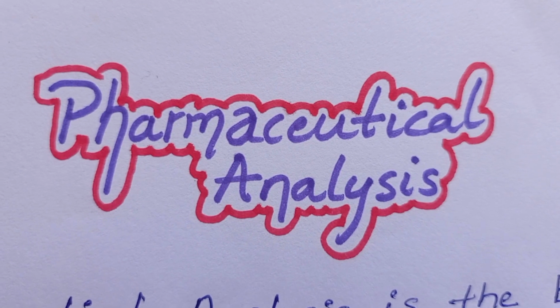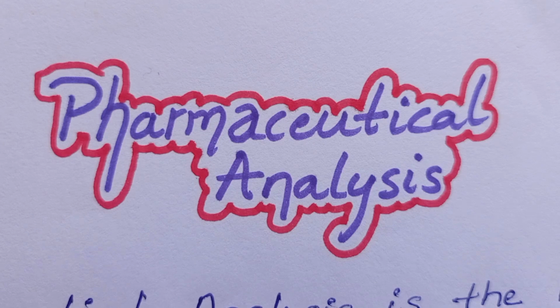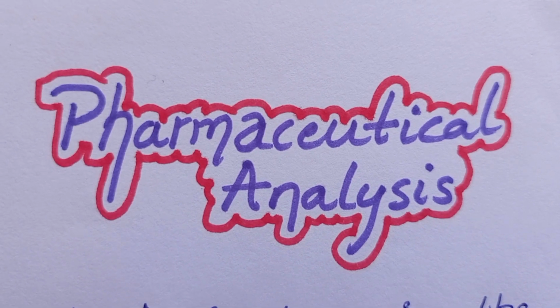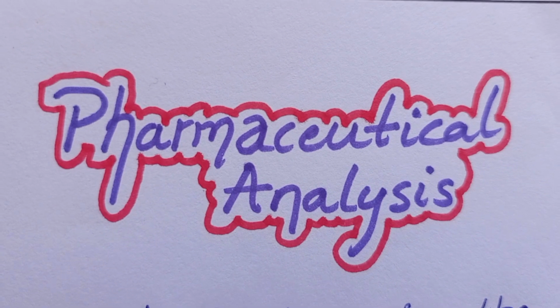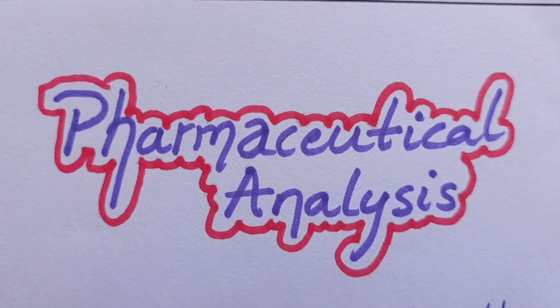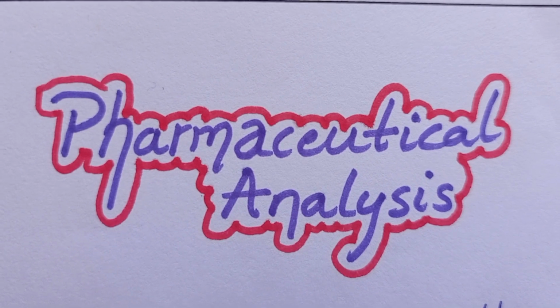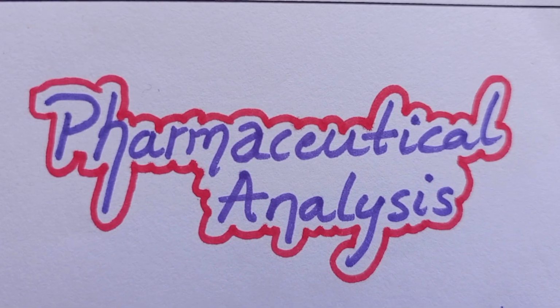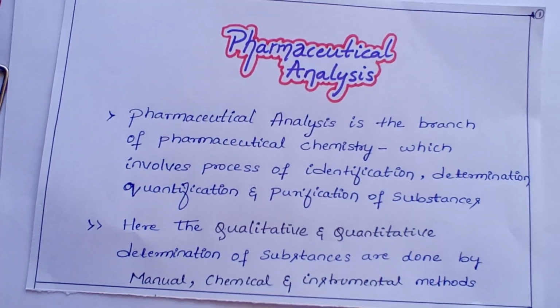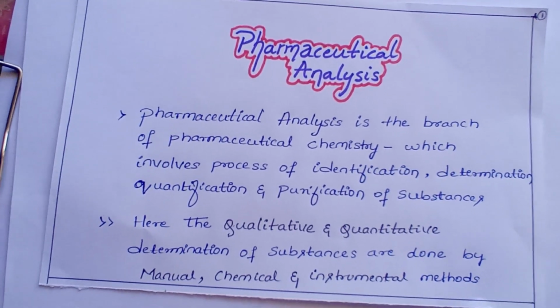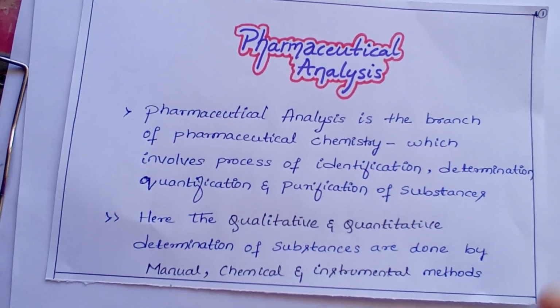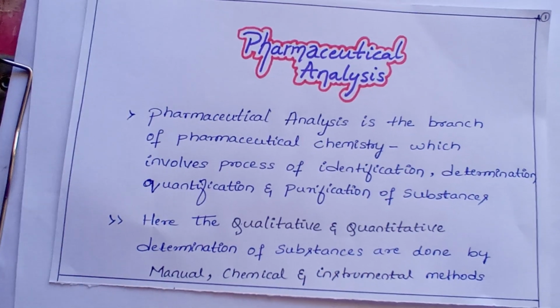In this video, I am going to explain the basic introduction of pharmaceutical analysis, which involves definition, scope, types and techniques of pharmaceutical analysis. As the name itself mentions, analysis means analyzing of the substances.